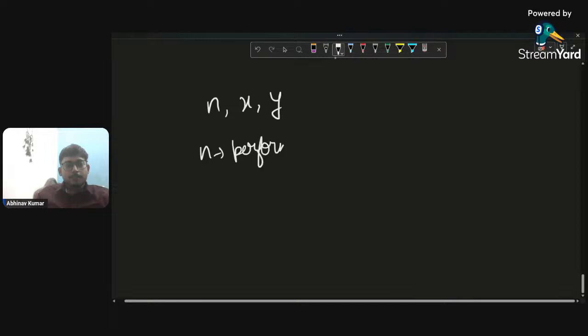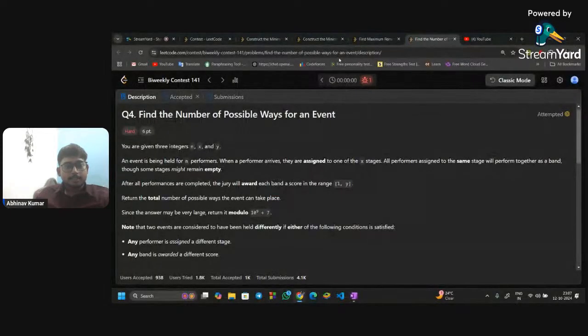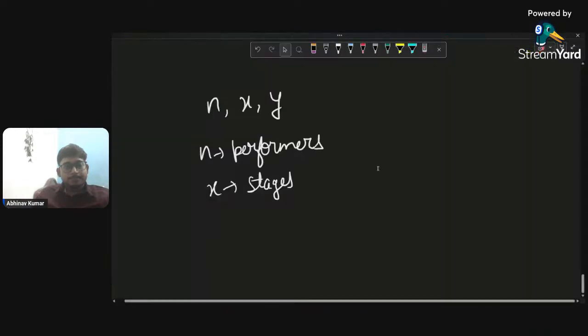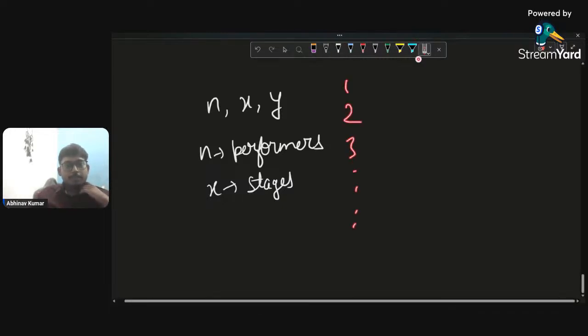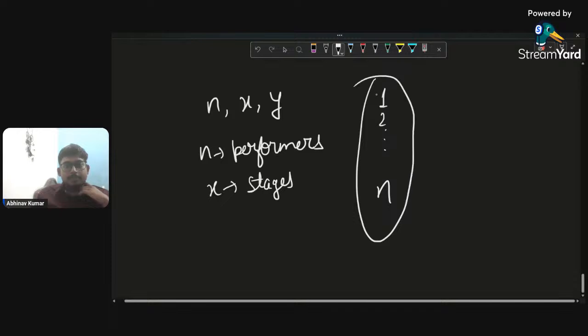You can consider there are n different people, there are n performers, you can say 1, 2, 3, 4 up till n. And there are x stages. x is basically the number of stages that are there. Okay, I'll show you. There are n performers and there are x stages.